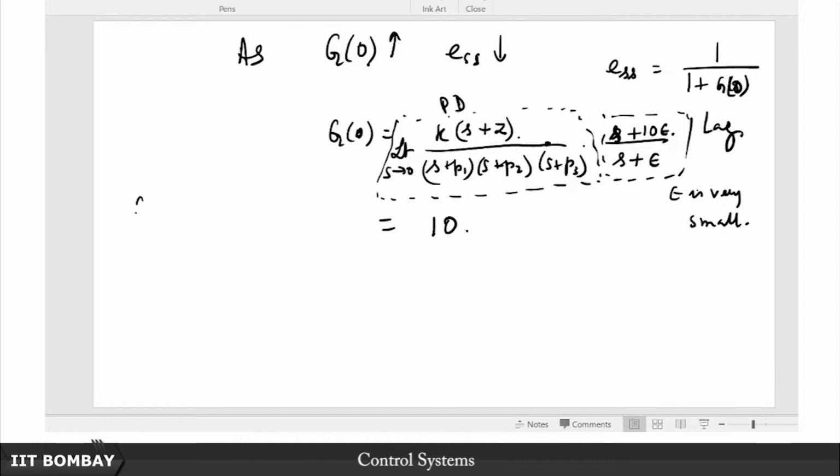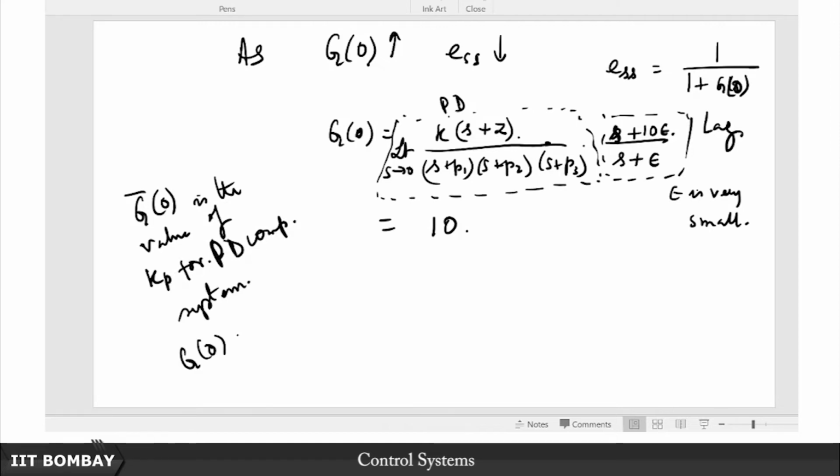So let us say G bar 0 is the value of Kp, the position error constant, for the PD compensated system, and G0 is the value of Kp for the PD plus lag compensated system.